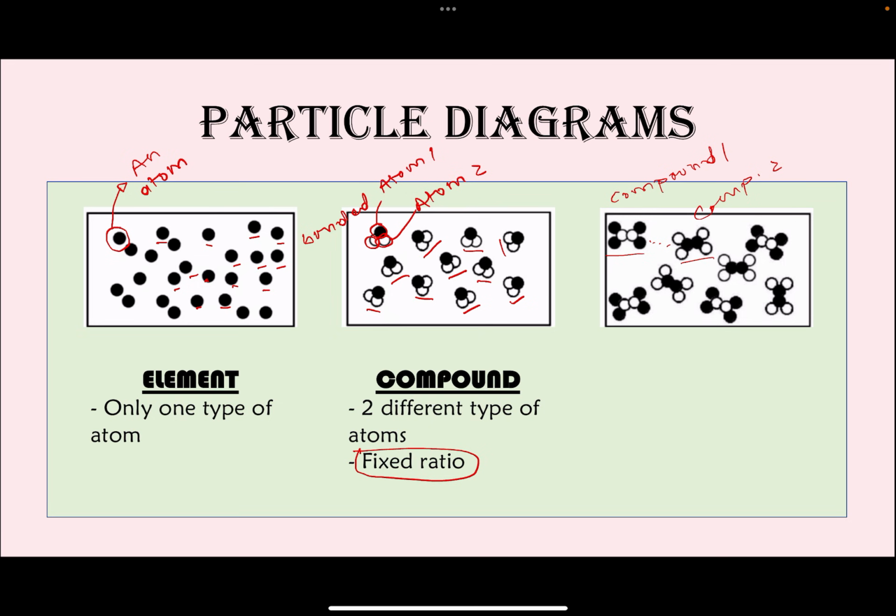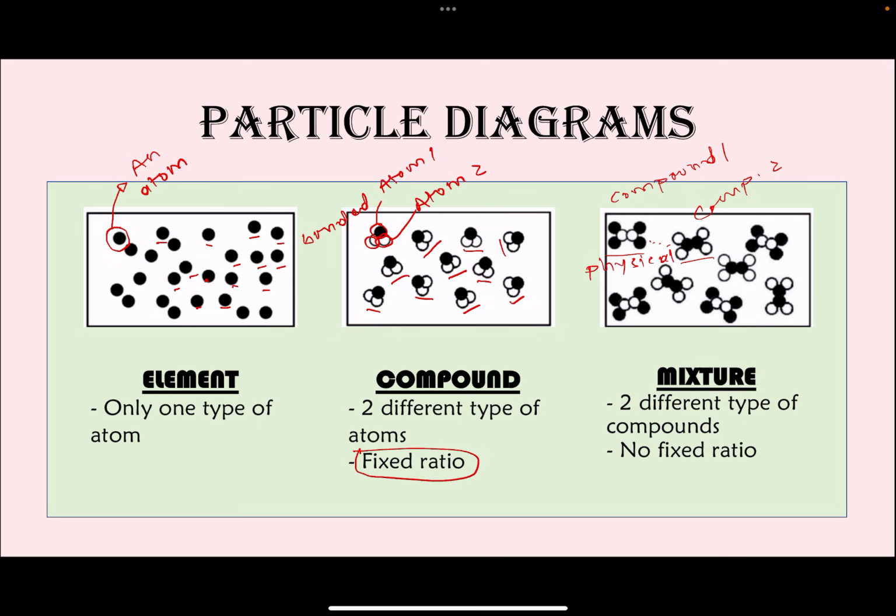So that means we are looking at a physical combination. So this one is a physical combination. So that represents the particle diagram of a mixture, and more specifically, it's a mixture of 2 different compounds.